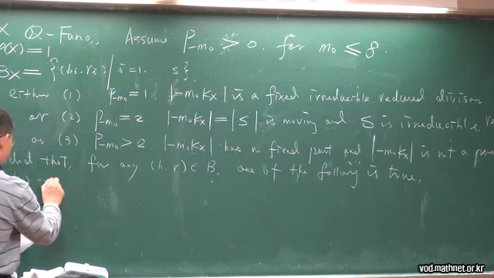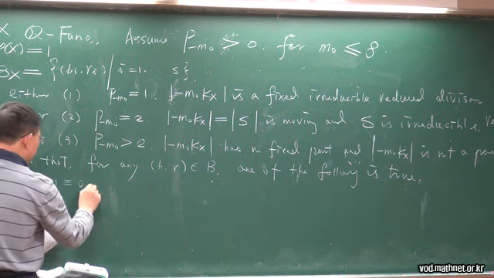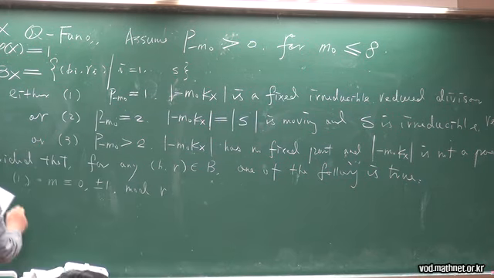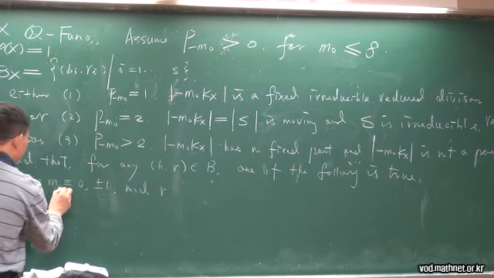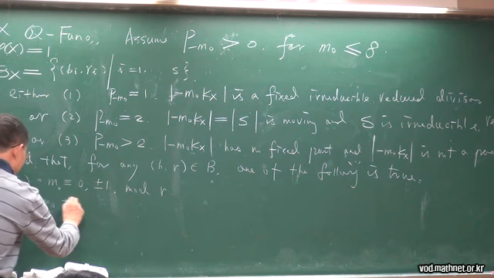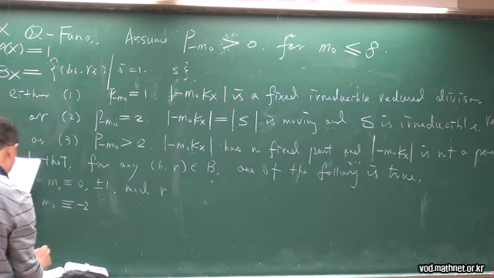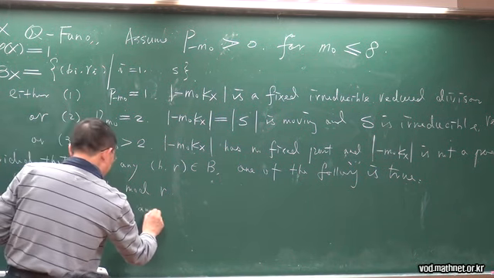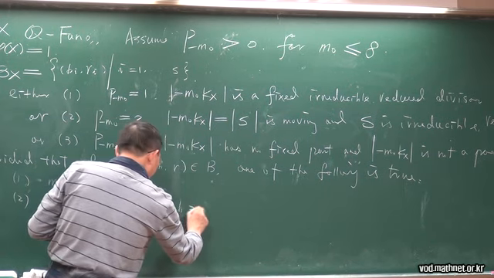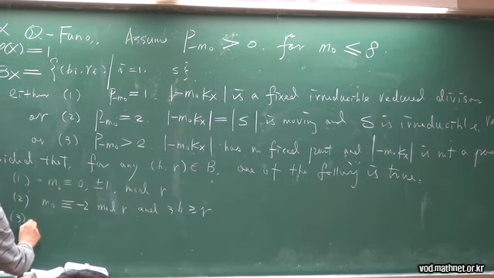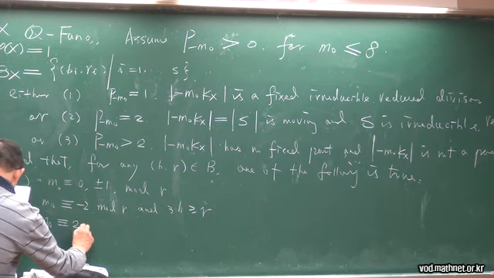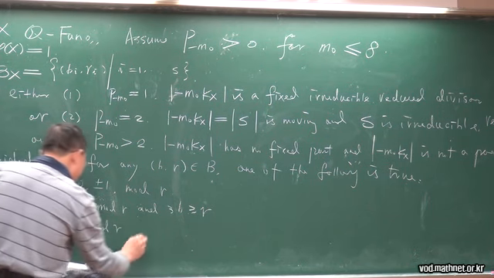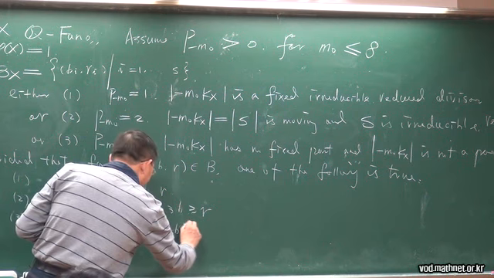For example, first, M naught is 0 or plus minus 1 mod R. Secondly, M naught is minus 2 mod R, and 3b is larger than R. And third, M naught is equivalent to 2 mod R, and 4b.